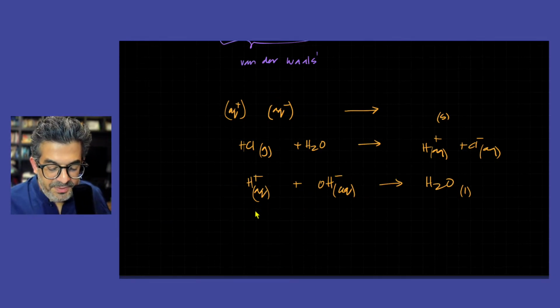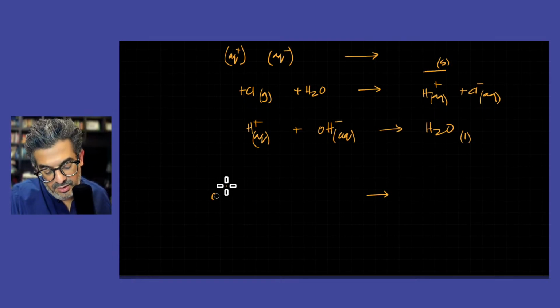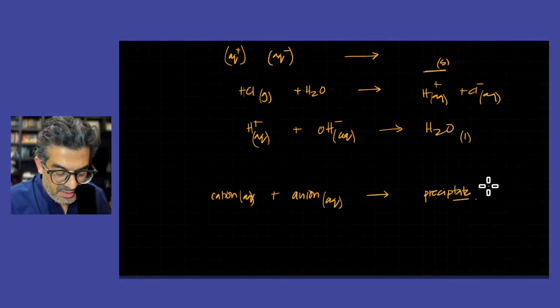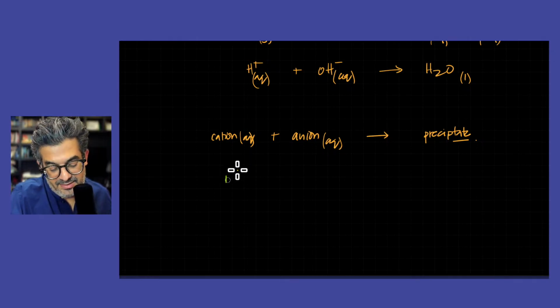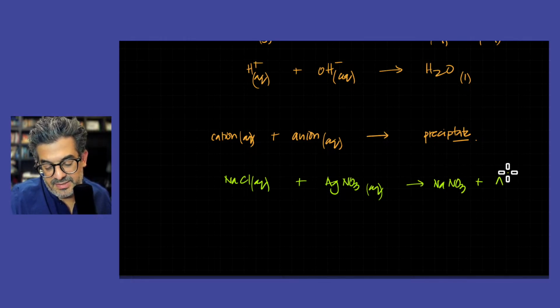And in precipitation, it'll always be a cation that is aqueous and an anion that is aqueous forming a precipitate. Generally you might have two solutions, like NaCl aqueous plus, let's say, silver nitrate aqueous makes NaNO3 plus AgCl.